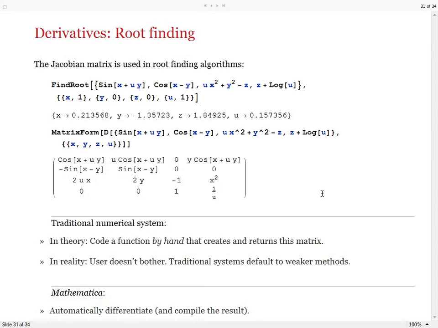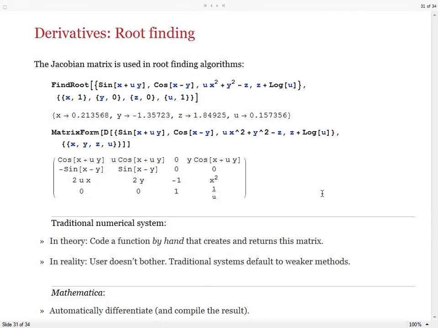And this means that, in practice, gradient information is usually not available in traditional numerical systems, and you'll find that these systems normally rely by default on less powerful generic methods that don't require any information about the derivatives of the input function. Or they may obtain the derivatives by finite difference sampling, which enables the use of derivative-based methods, but it's slower and less accurate than having direct access to the exact symbolic form of the derivatives.